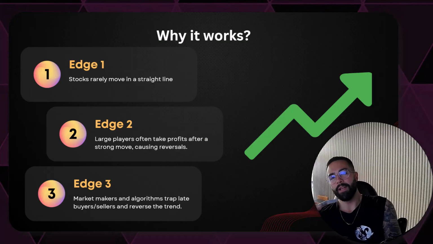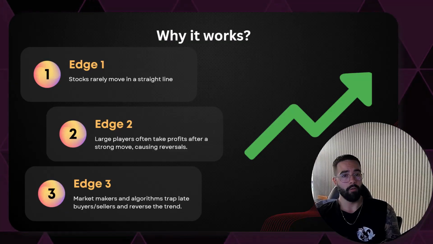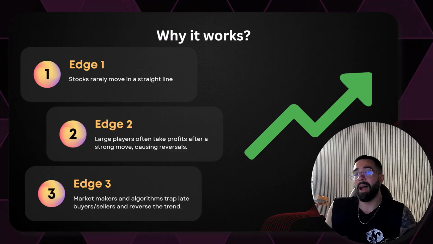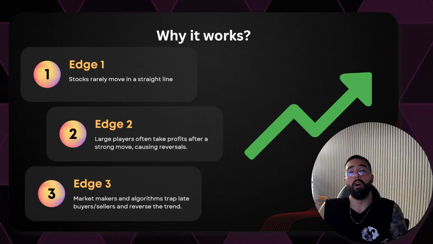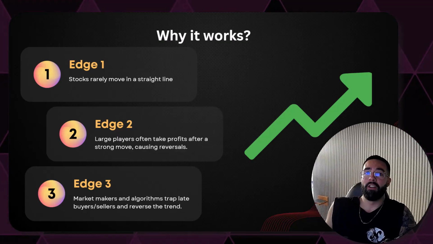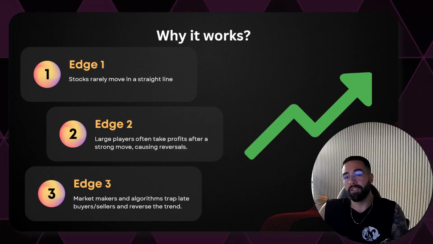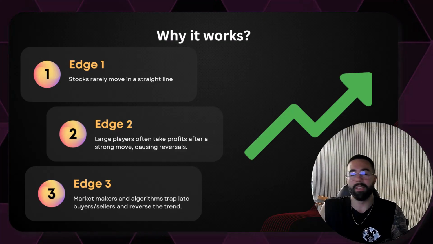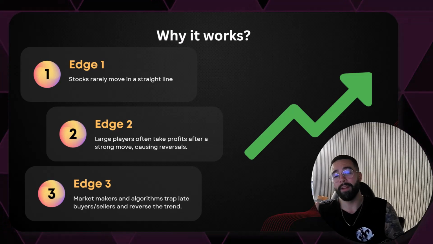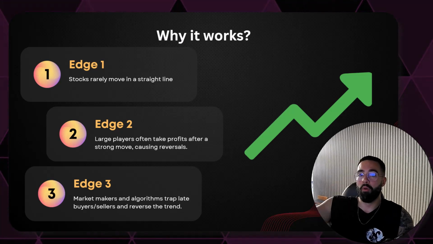Well, the people that jumped in at the open or that were long for some swing trade, some long-term position, at some point they're going to be happy with their profits and they're going to want to start selling their shares. So that's usually going to end up in some kind of reverse back down, let's say to the VWAP, before continuing in the same direction. So we're trying to capitalize on that move, on that pullback down.